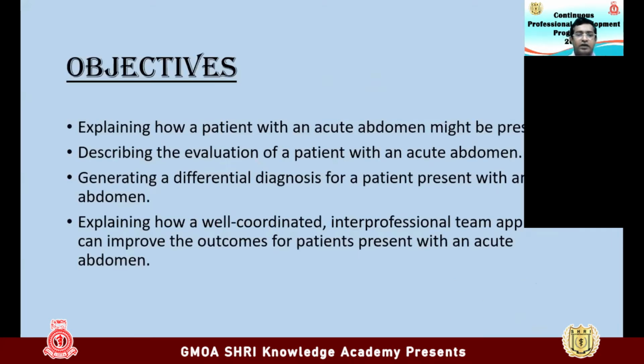So first of all, the objectives of this talk is to give you an understanding about how a patient with an acute abdomen might present to you, and to describe the process of evaluation of this kind of patients, considering the available facilities at your unit.